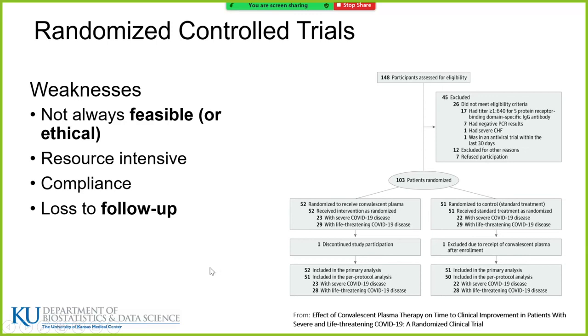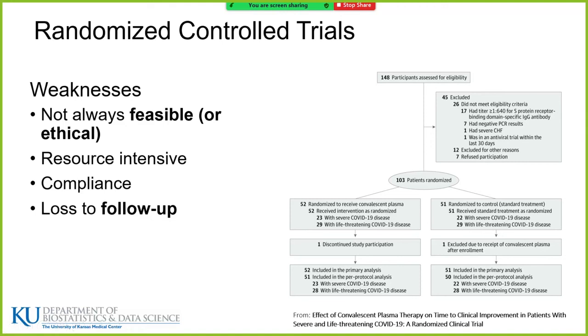So for that reason, in the literature associated with this type of study, you often see this Figure 1, which is a patient flow chart that helps us better understand, number one, is there a risk of internal validity based on patients not complying with treatment? In other words, did everyone who was randomized to receive convalescent plasma in this study actually receive the intervention as randomized?